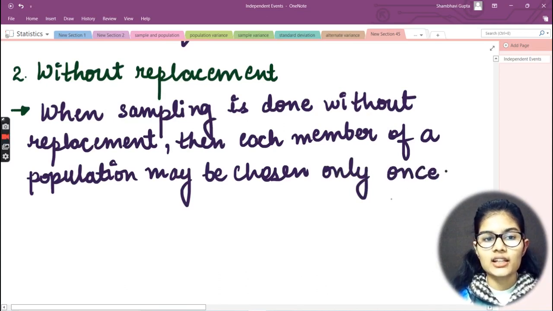So when sampling is done without replacement, each member of a population may be chosen only once.